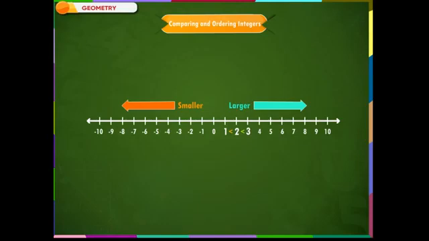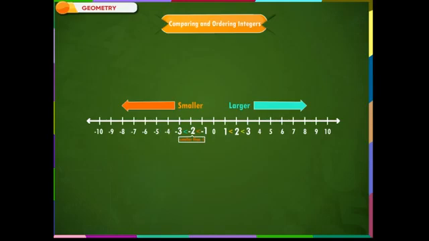Here, when we move from -3 towards right, we get bigger numbers. For example, -2 is bigger than -3, -1 is bigger than -2, and so on. Similarly, when we move towards left from 0, we get smaller numbers. For example, -1 is smaller than 0, -2 is smaller than -1, and so on.